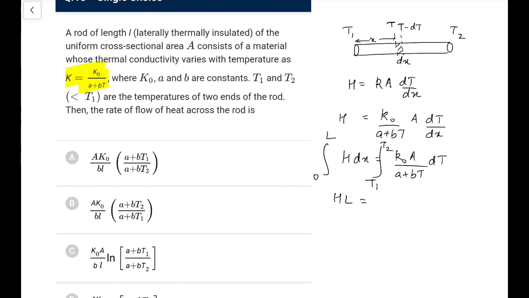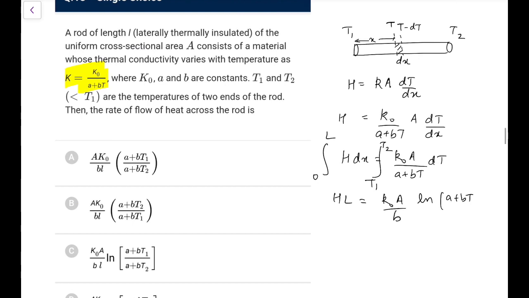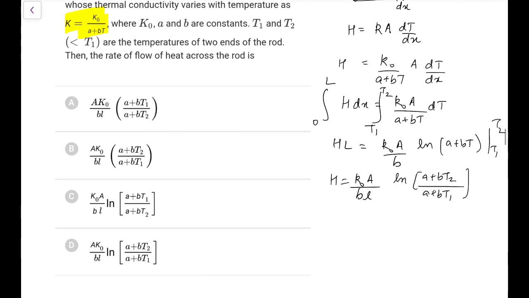So this is H into L, this would be K0 A, and if you do this integration, this would be ln(A + BT) with B in division, and limits from T1 to T2. So H would be equal to K0 A/L, that is what we are getting in all options, and it would be ln of (A + BT2)/(A + BT1). That should be the answer.